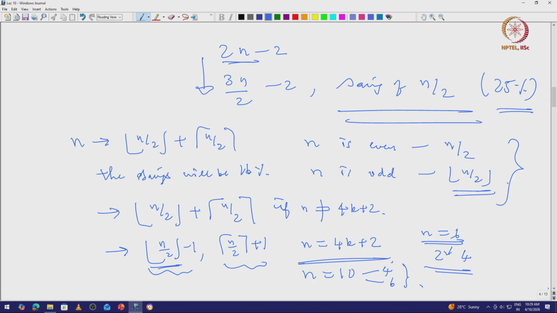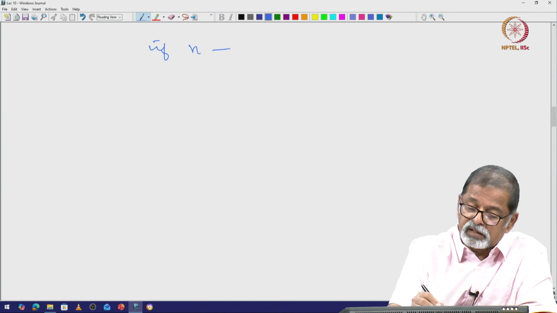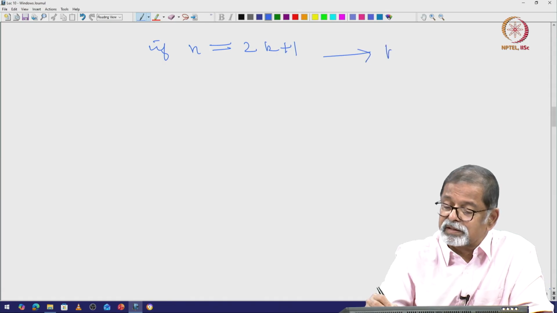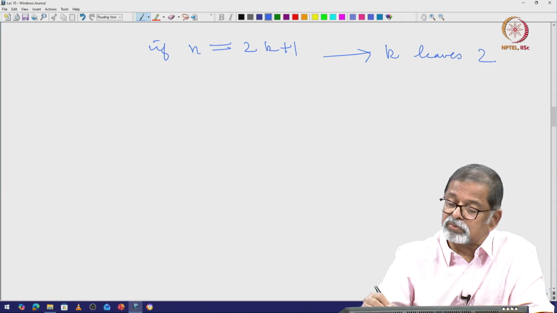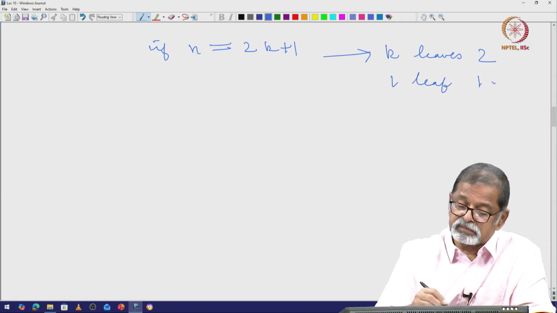Therefore, in this scheme, if n equal to 2k plus 1, this will have k leaves of weight 2 and 1 leaf of weight 1.